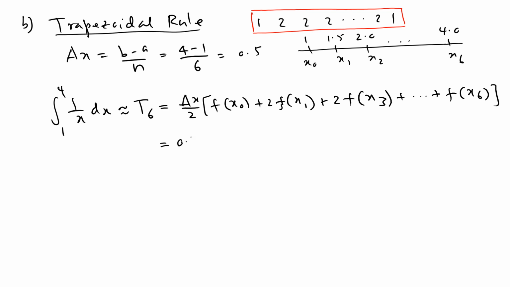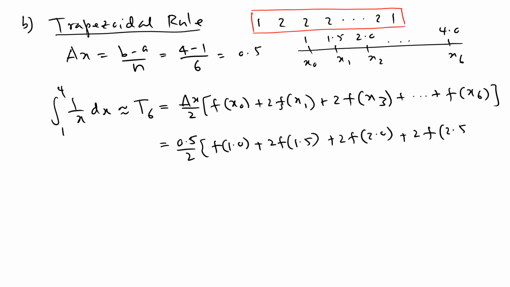We're going to get 0.5 over 2. So we evaluate f at the first node point, 1.0, and then 2 times f(1.5), 2 times f(2.0), 2 times f(2.5), 2 times f(3.0), 2 times f(3.5), plus f(4.0).